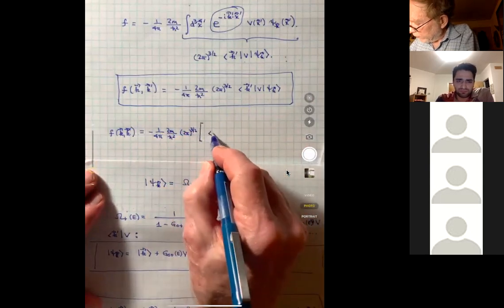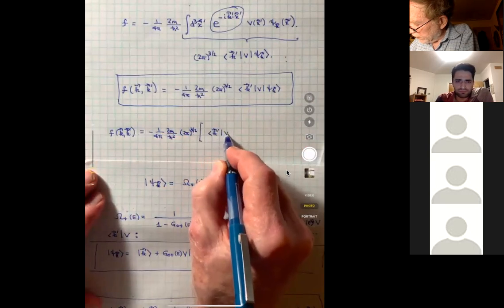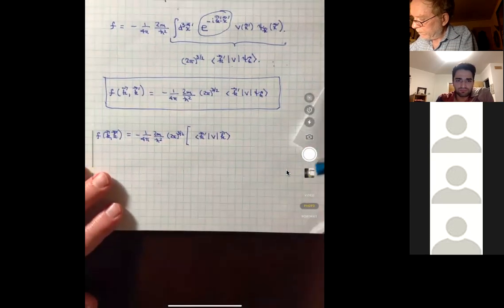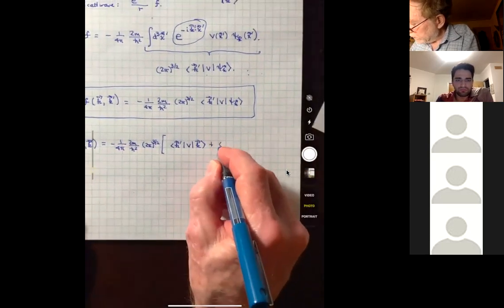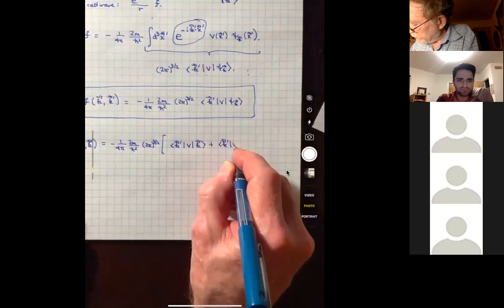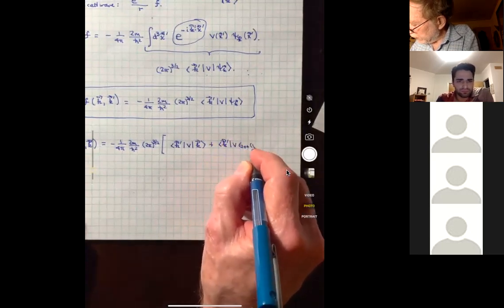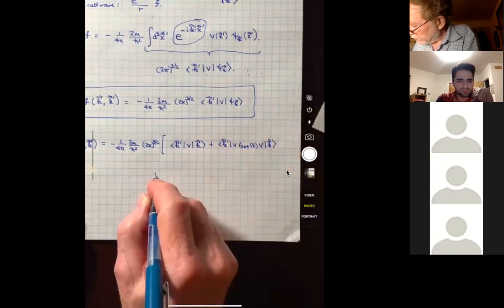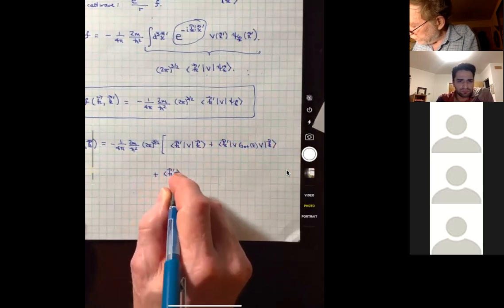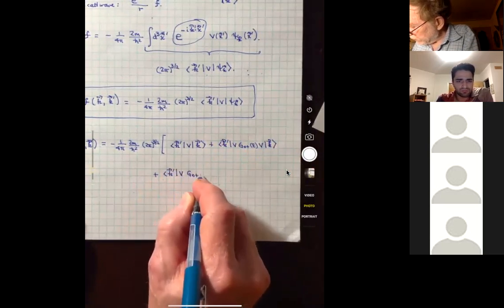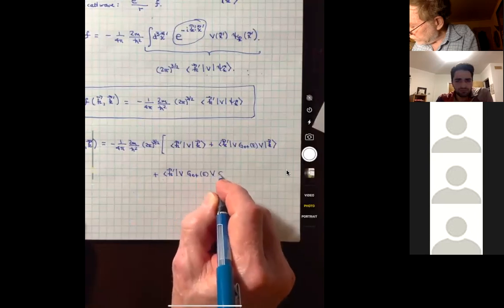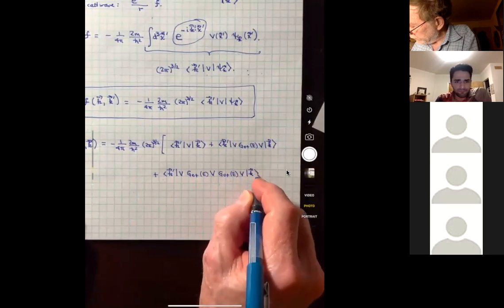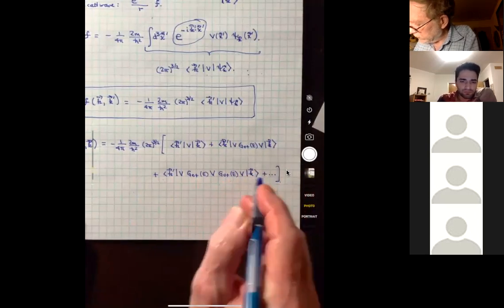It becomes k prime V k, plus k prime V G0 plus of energy E times V times k, plus k prime V G0 plus of energy E times V times G0 plus of energy E times V times k, plus dot dot dot, like so.